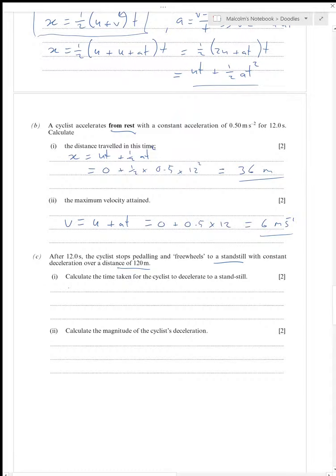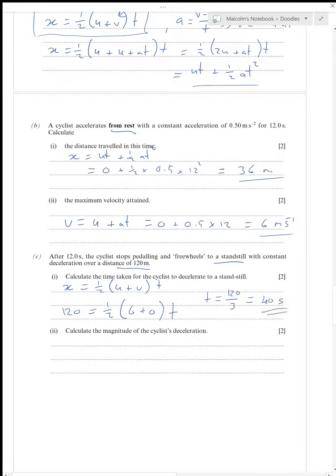So plugging in the numbers, I've got 120 meters equals a half initial velocity. We calculated as 6 meters per second. Final velocity 0. t is what we're trying to find, so t is therefore equal to 120 over 3, which is 40 seconds.